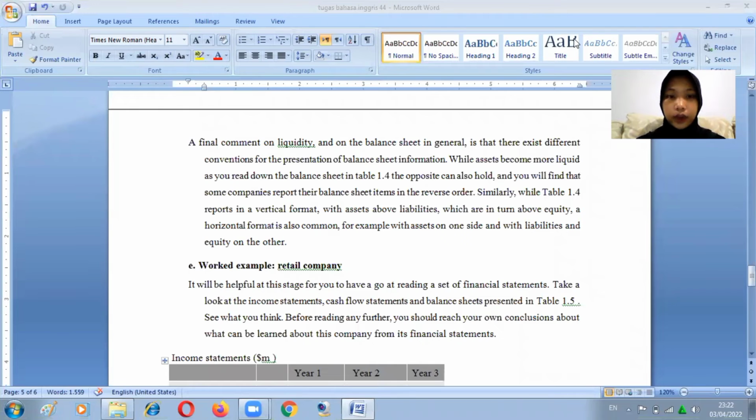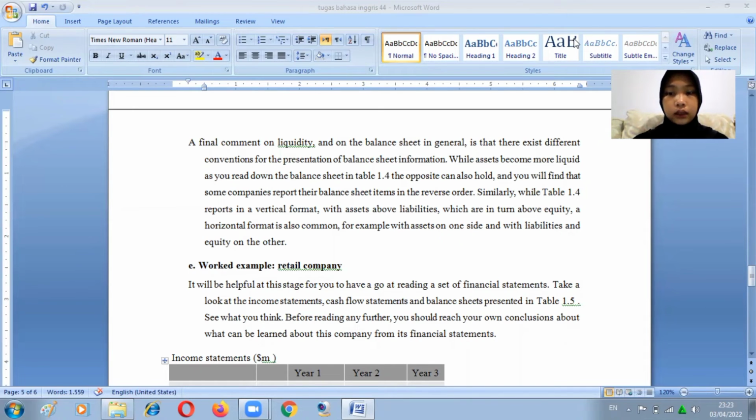A general comment on liquidity and on the balance sheet is that there exist different conventions for the presentation of balance sheet information. While assets become more liquid as you read down the balance sheet in table 1.4, the opposite can also hold, and you will find that some companies report their balance sheet items in the reverse order.